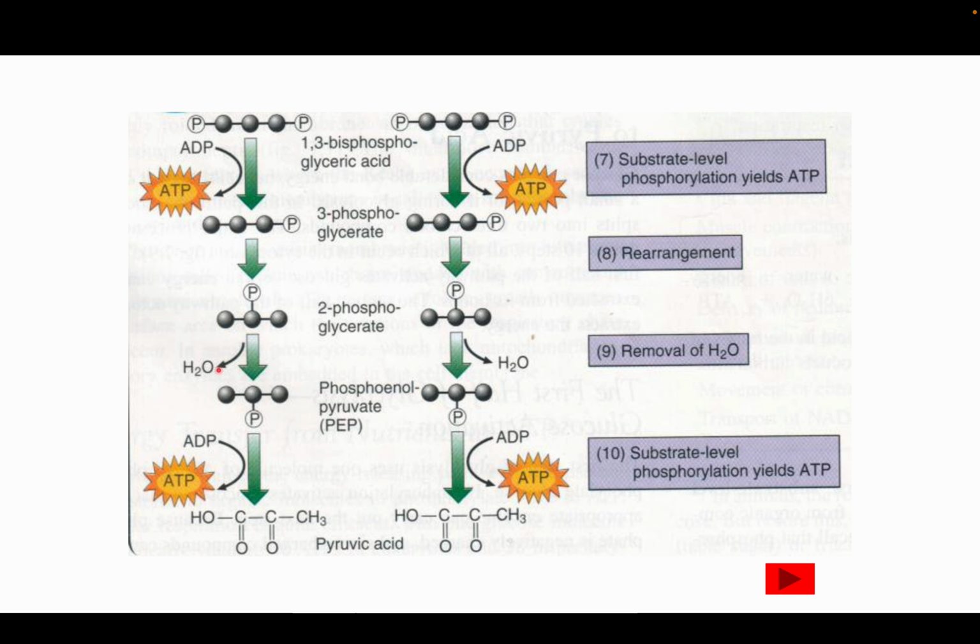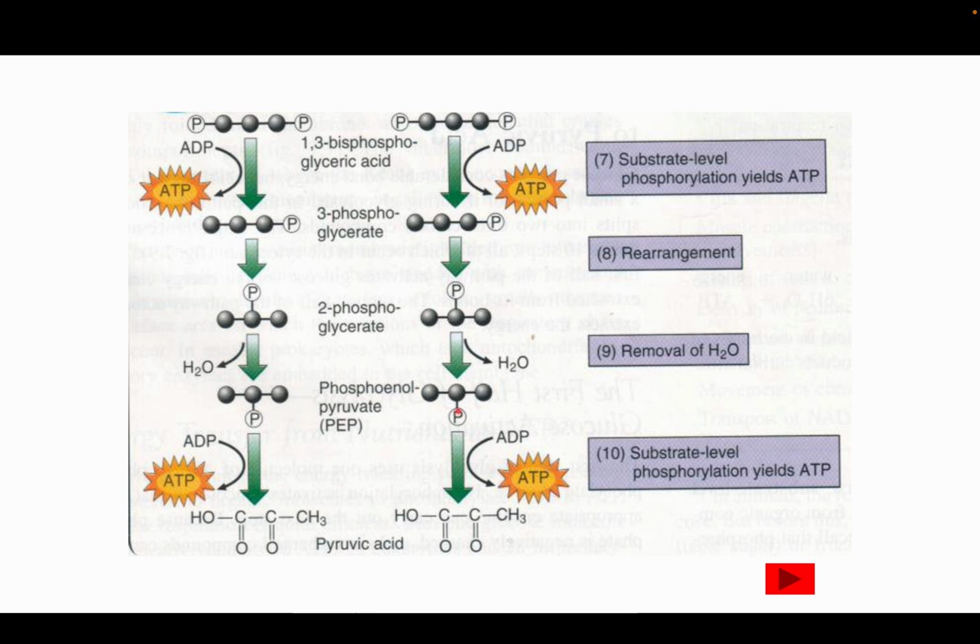The 2 phosphoglycerate intermediates will then be transformed into PEP, phosphoenolpyruvate. The phosphoenolpyruvate is like a mirror compound to phosphoglycerate.